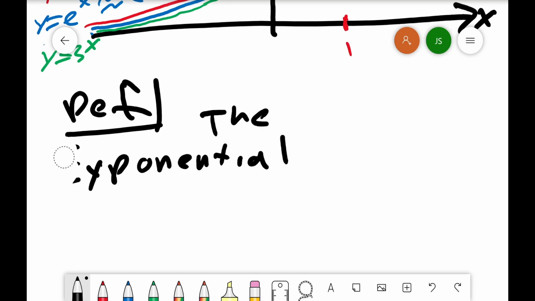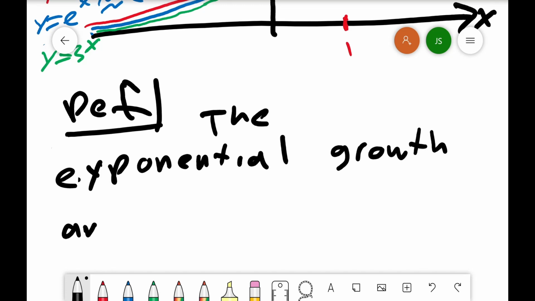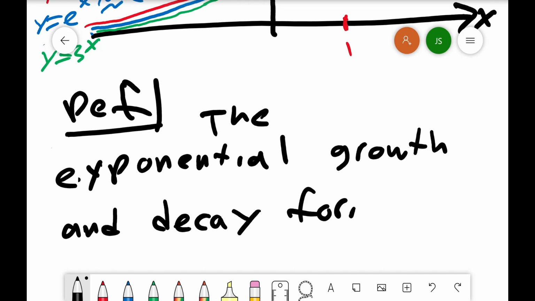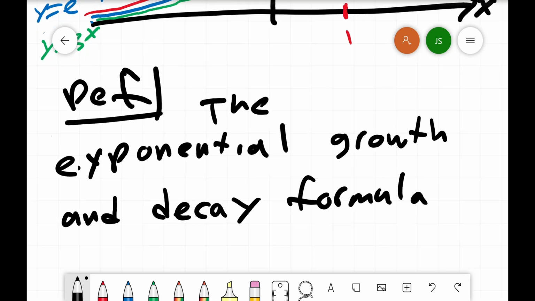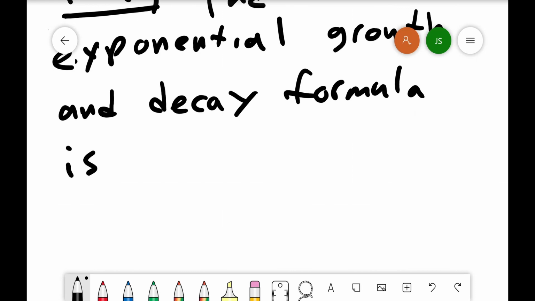The exponential growth and decay formula is, so this is more of a function this time. We're only going to want to have one variable be the thing that changes. Everything else are fixed constants.